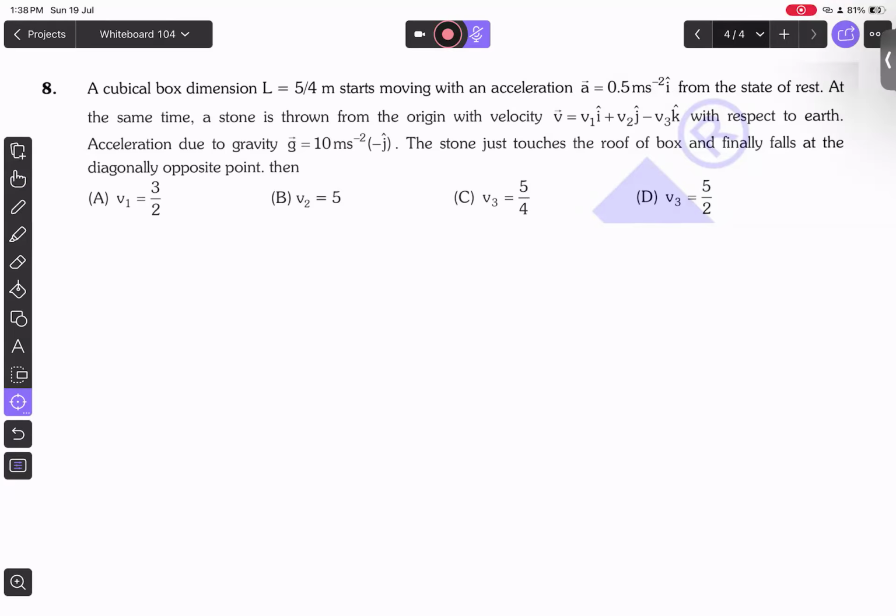Initial velocity, initial position, and acceleration. The same thing, if I am sitting in some frame and observing an object, then I will need the initial position, initial velocity, and acceleration of that object with respect to that frame, correct?